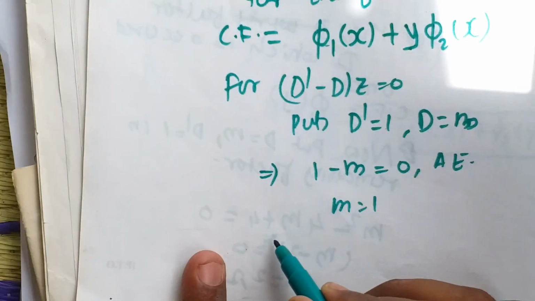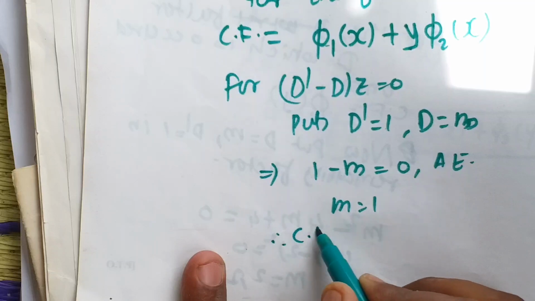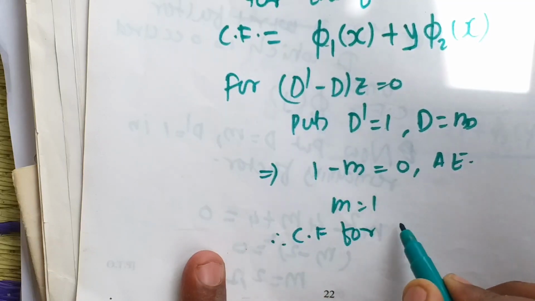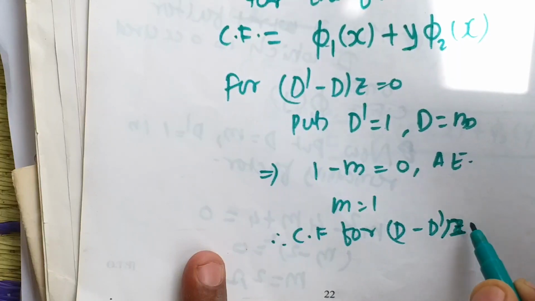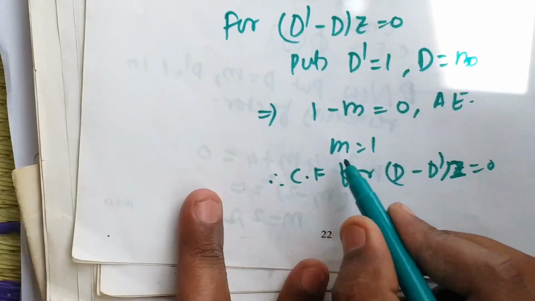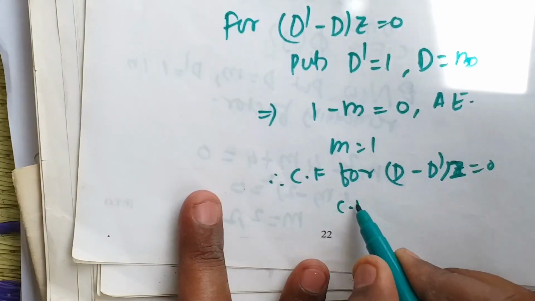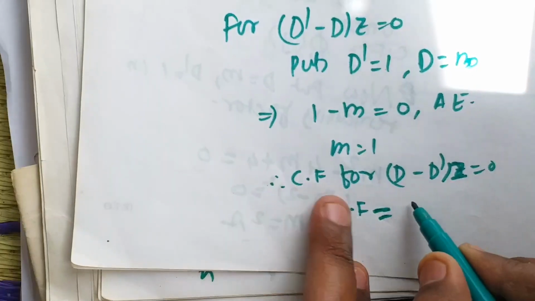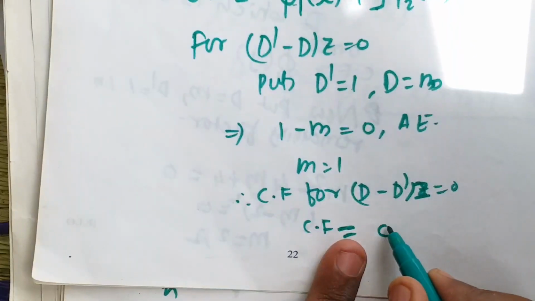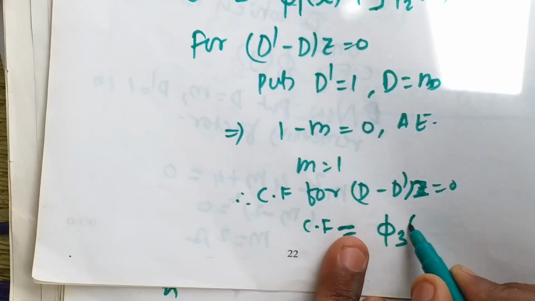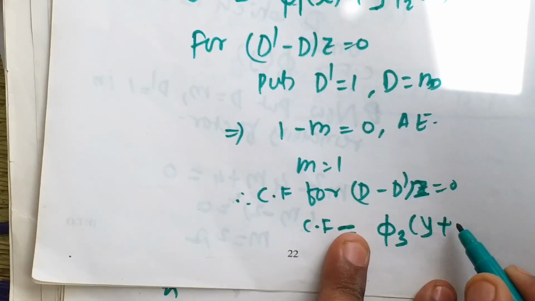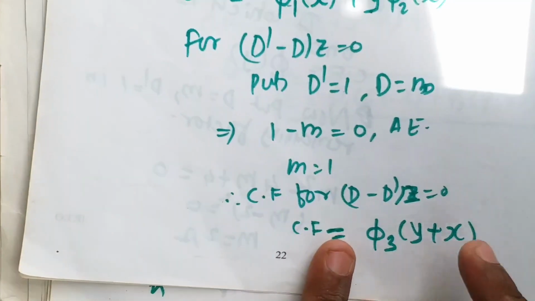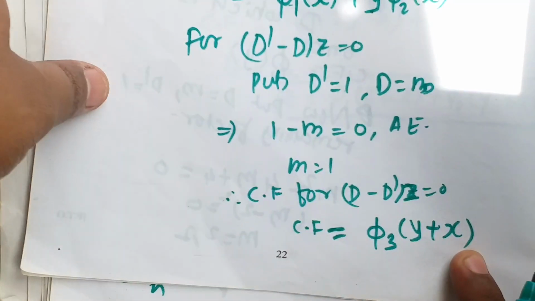So if m equal to 1 is the root, therefore the CF for the factor d minus d dash, z equal to 0, what will it be for one root? CF will be only one function, phi 1 and phi 2 we have taken, so we'll take it as phi 3 of y plus mx, the root is m equal to 1, so y plus x. Okay, so this is the third function.